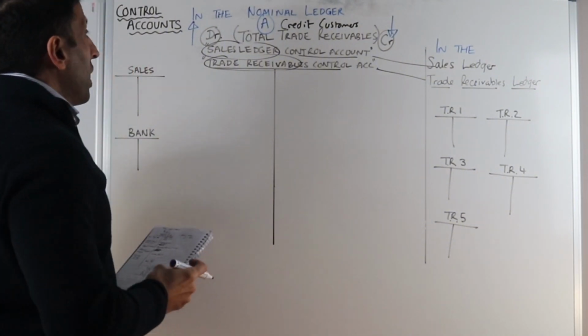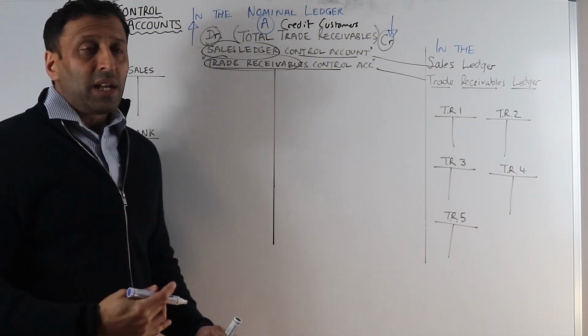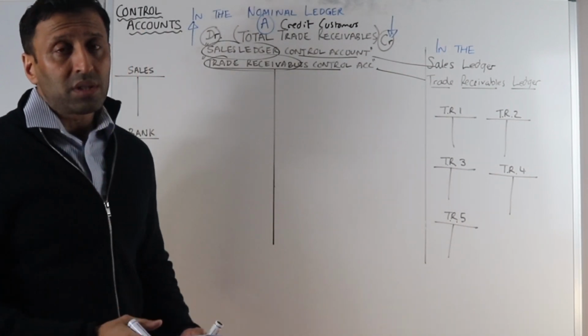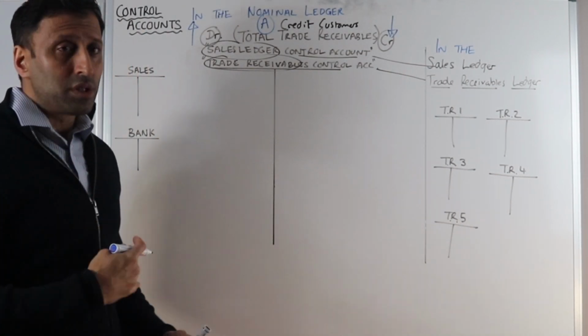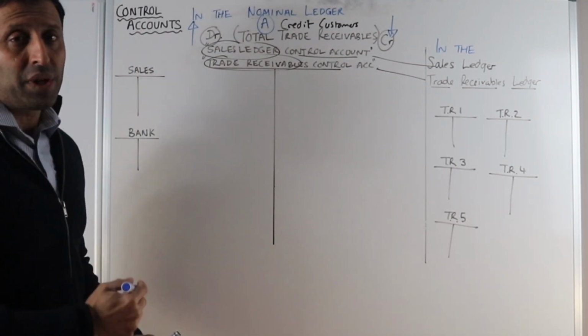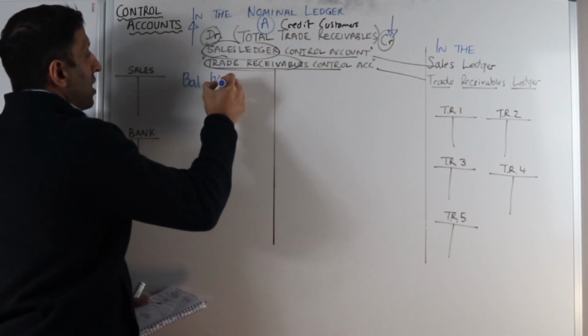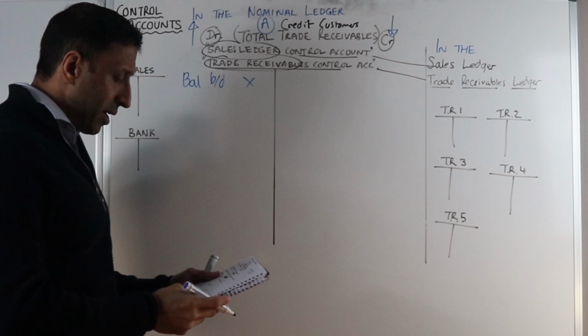So what we start with is the balance at the beginning of the year, the balance brought down. And since this account is usually an asset account, amounts owed to us, then assets have a brought down on the left. So the balance brought down in most usual cases is going to be here on the left hand side on the debit.